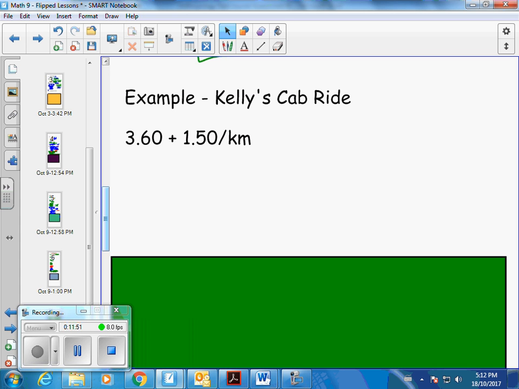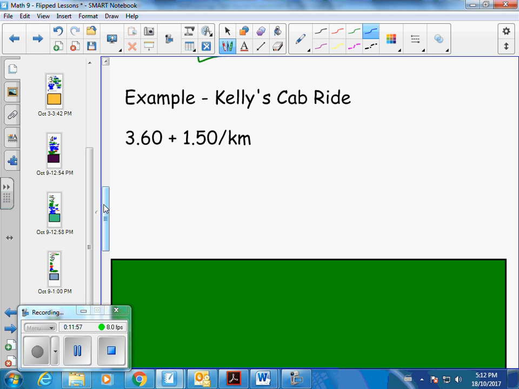Kelly's cab ride. Now this is a legitimate, common type of equation that you're going to run into, especially if you're ever going to take a cab or any sort of ride sharing service. They're going to charge you based on this same idea. So as soon as you get into a cab, $3.60 is going to immediately show up on the meter.